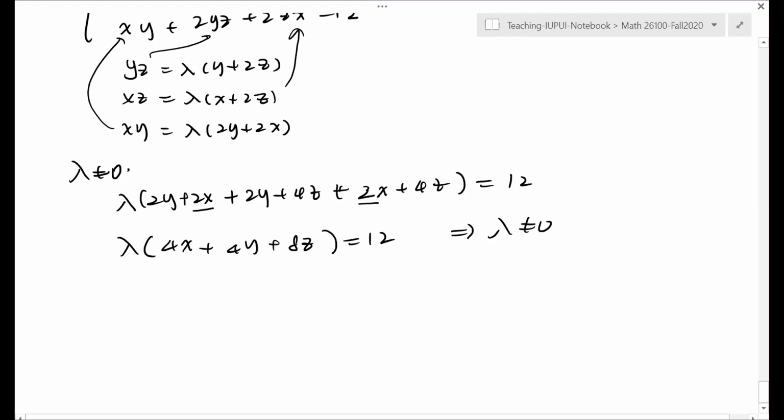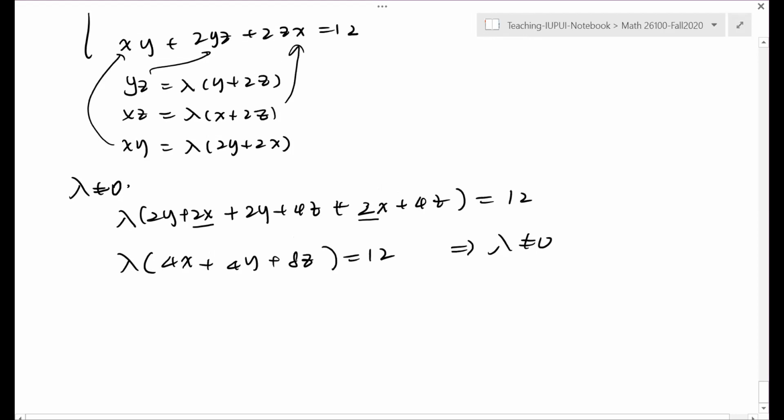Well, you cannot use this equation alone; we're trying to express x, y, z in terms of lambda, right? So the trick here is you multiply each equation by a variable. The first equation I multiply by x, and then xy plus 2xz.